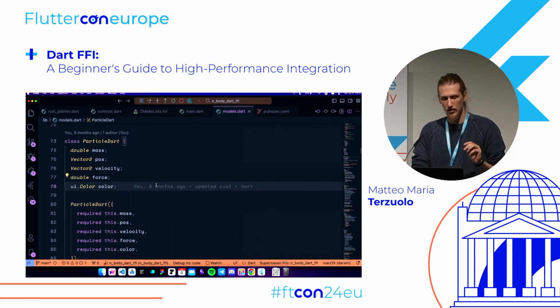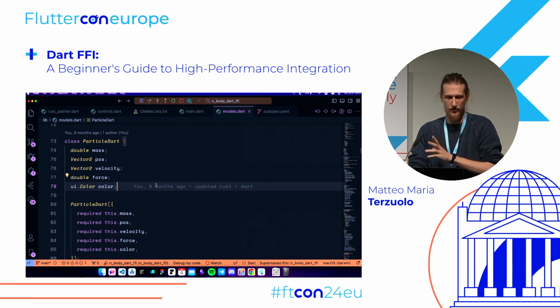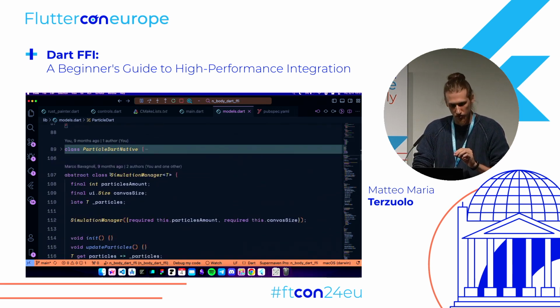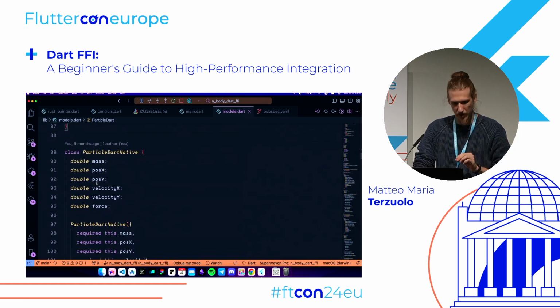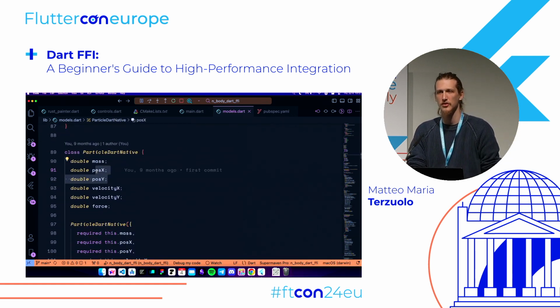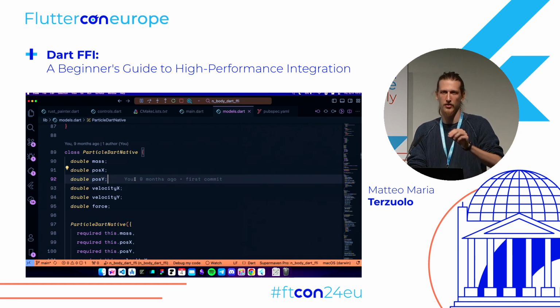And the other version with Dart changes only in that part. So wait a second, okay, here. As you can see, the position is split in 2 doubles, and also the velocity is split in 2 doubles. So that single change is going to make your app more performant.